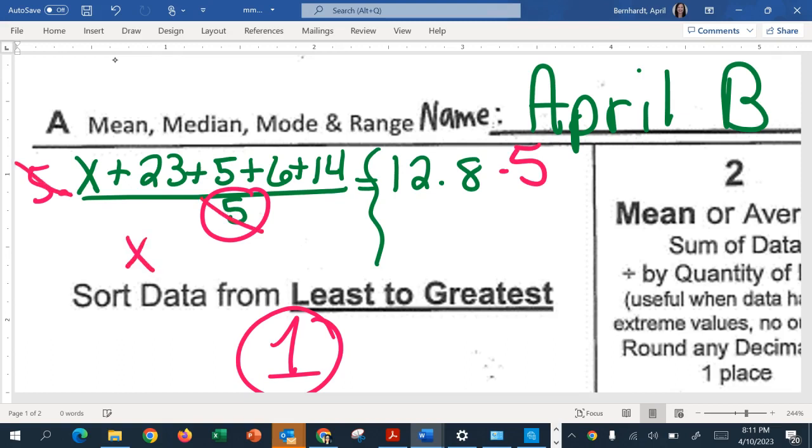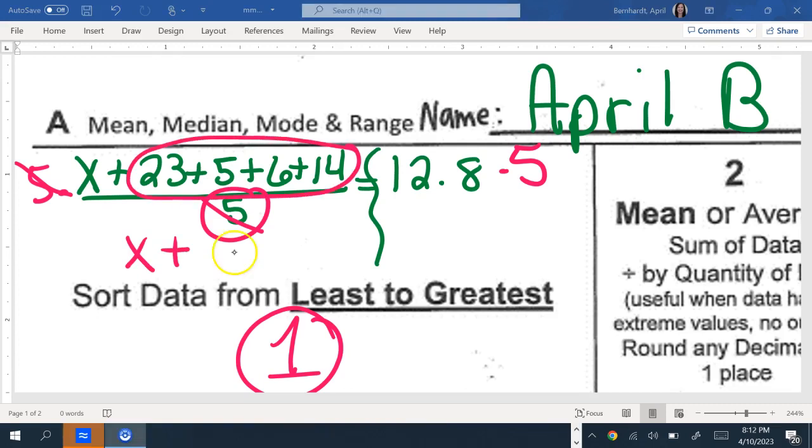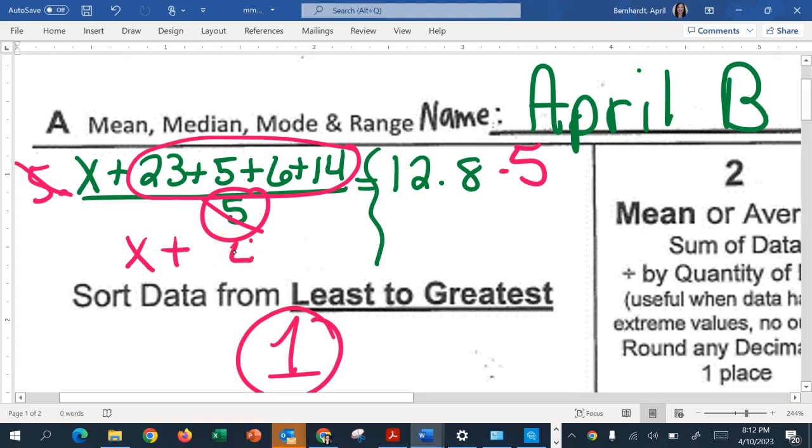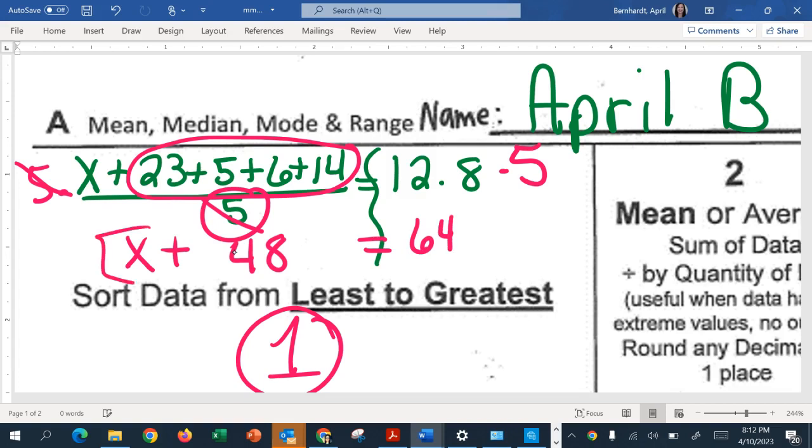I'm left with X plus, and now I'm going to add up all these numbers here, which equals 48. And then 12.8 times 5 comes out to be 64. So what number plus 48 equals 64?